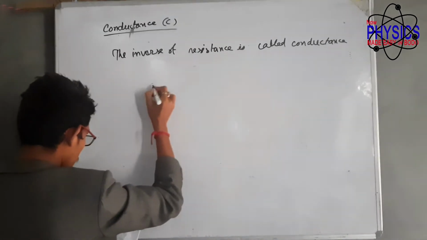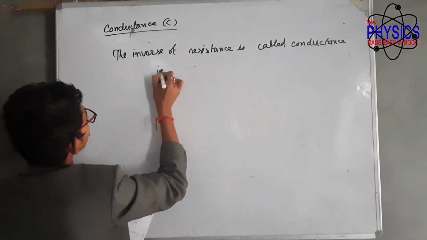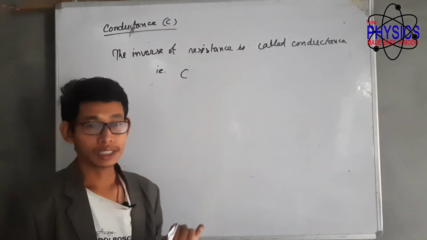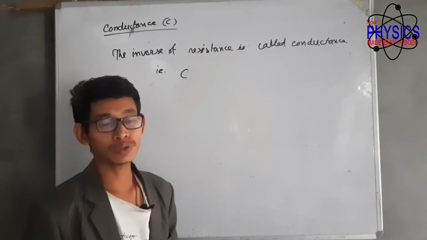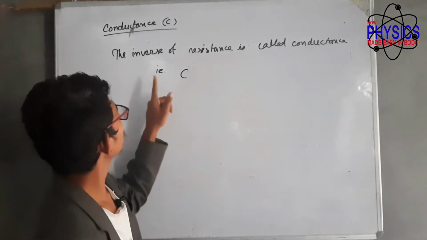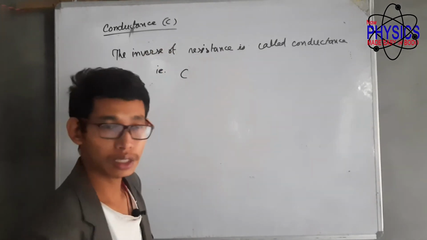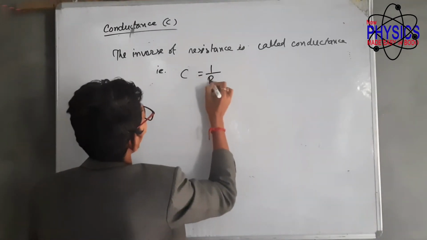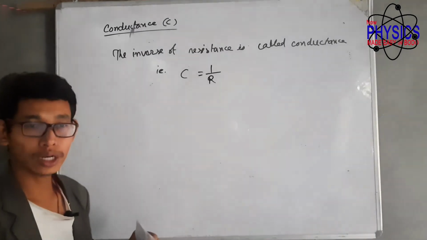Conductance is represented with capital C, but don't get confused, okay. Sometimes capacitance is also written with capital C, and conductance is also written with capital C. It is 1 by R, the reciprocal.